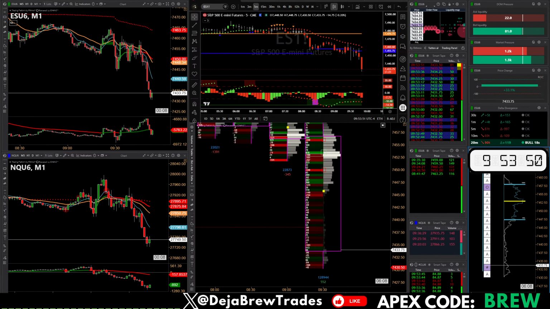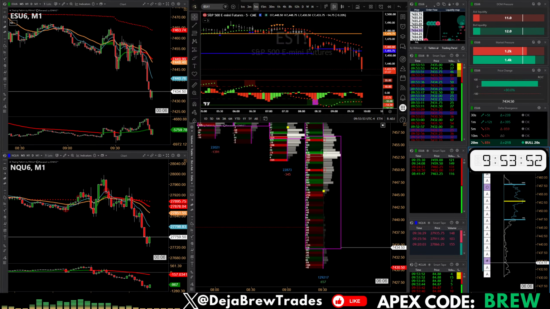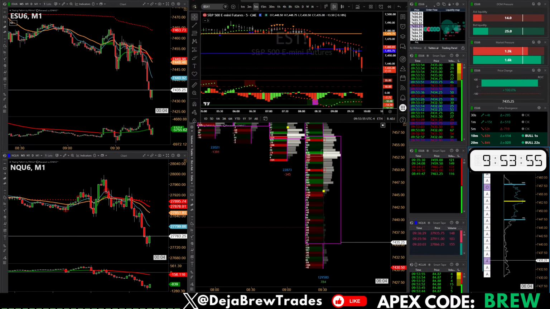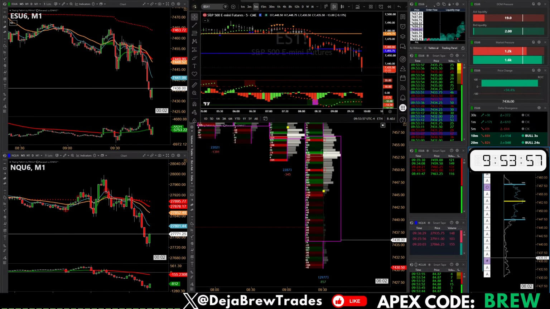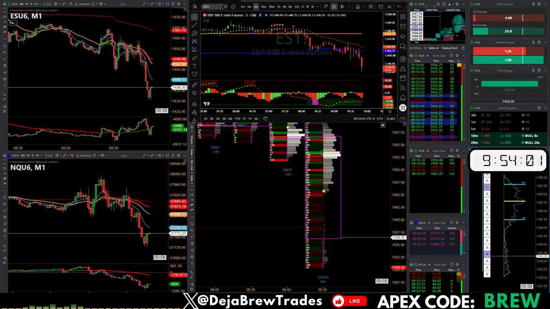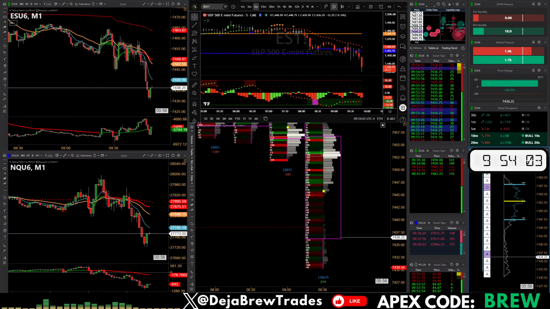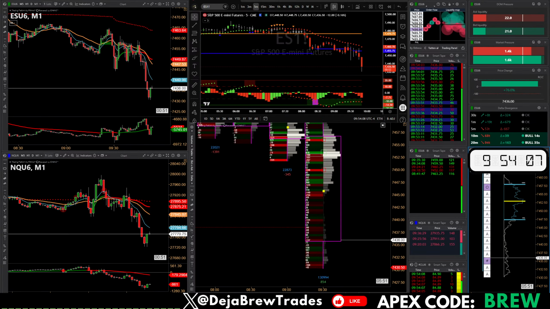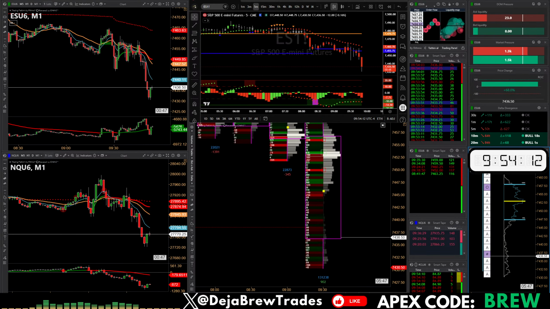But the way that prop firms work, like Apex, is think about it like simulator trading. You're buying an account that is like a simulator account, and if you can pass their goals, they have a set profit goal and a set drawdown, meaning if you lose X amount of money, then you lose the account.